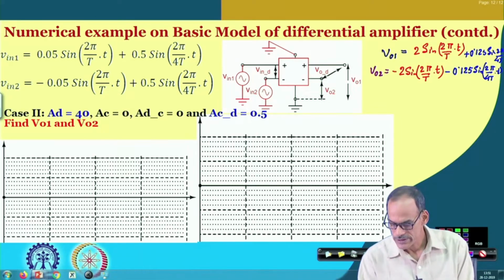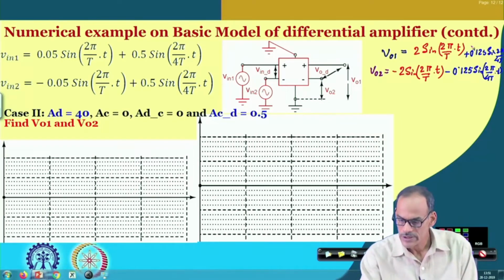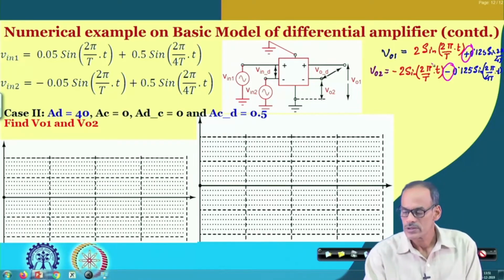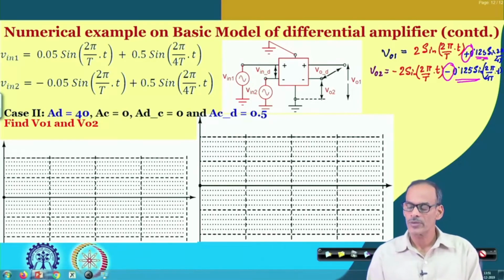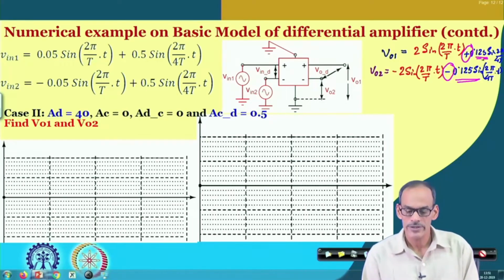This is very important: this has a plus sign, this has a minus sign. So this unwanted signal, having a frequency of 1 by 4T, is appearing as a differential signal.